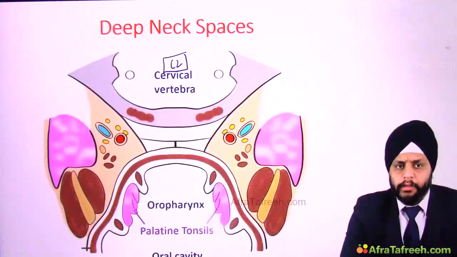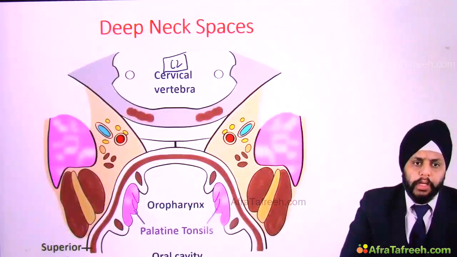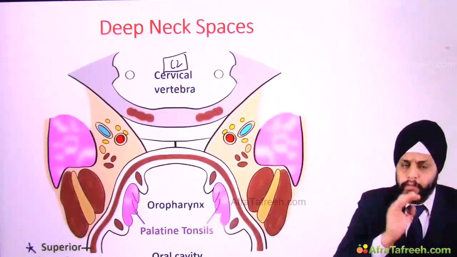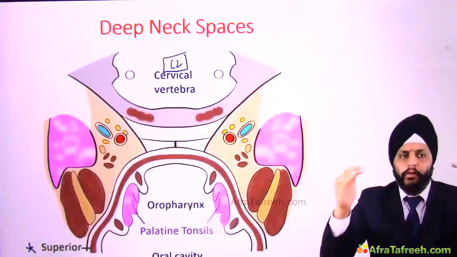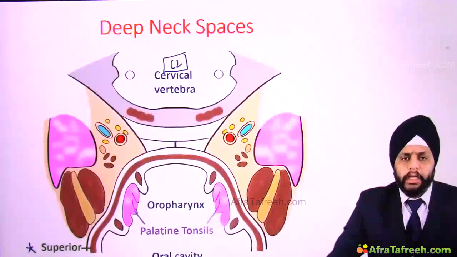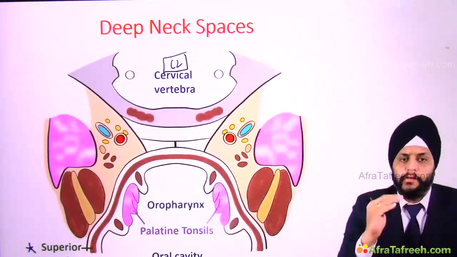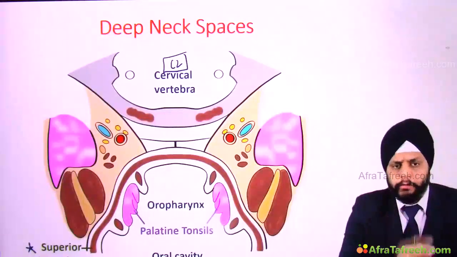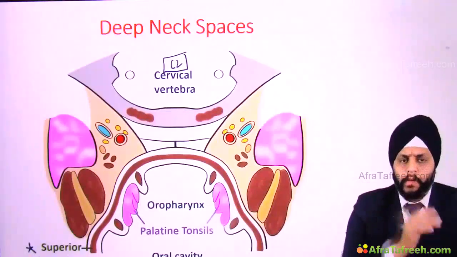Okay, now the bed of these palatine tonsils is formed by superior constrictor muscle. So you can see that superior constrictor muscle from both sides goes and fuses posteriorly in the midline raphe. Right? Okay, this also we have studied. Now most of the things we have studied, we are just culminating them into one place.